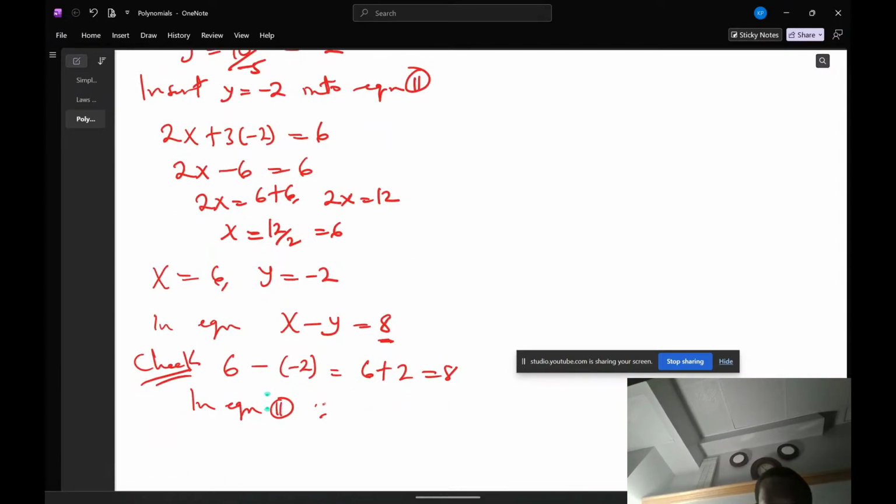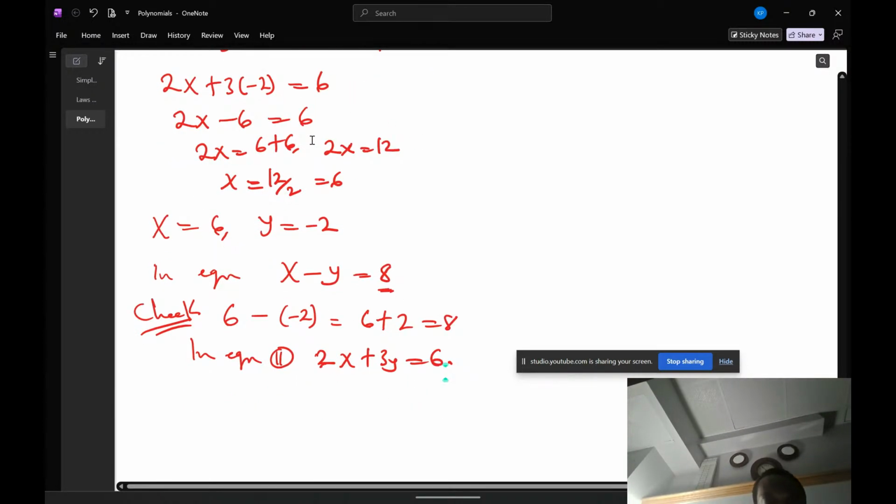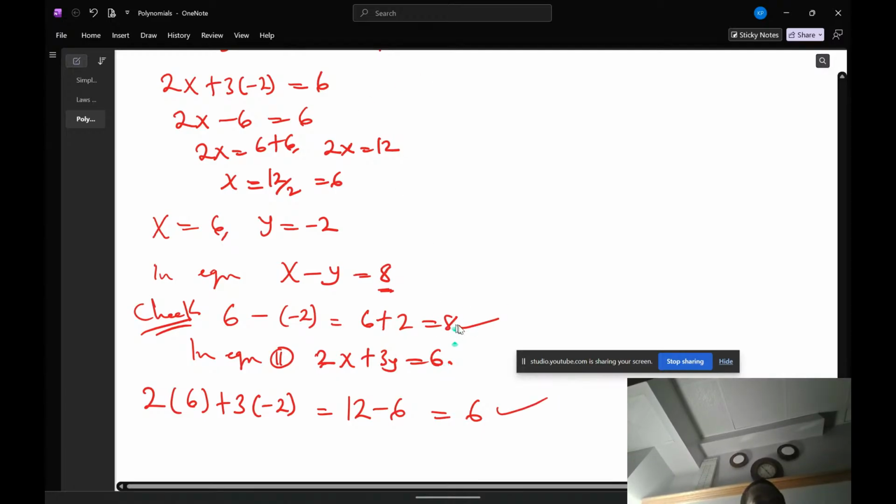So with x equal to 6 and y equal to minus 2, we have 2 into 6 plus 3 into minus 2. So 2 times 6 is 12, 3 times minus 2 is minus 6. So 12 minus 6 is 6. So we can say that our answer is correct. We did the right thing.